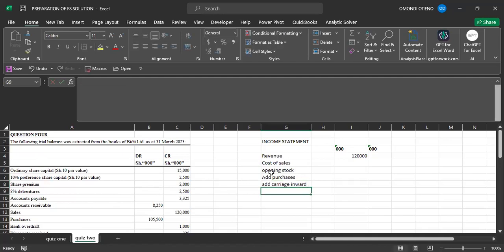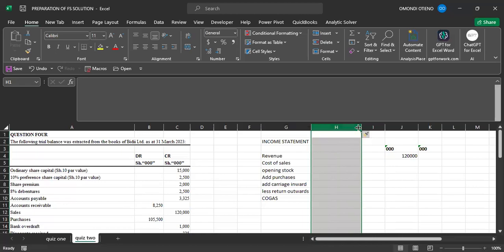And of course, we need to less return outward. Then we'll be able to get what we call cost of goods available for sale. So let's get cost of goods available for sale.